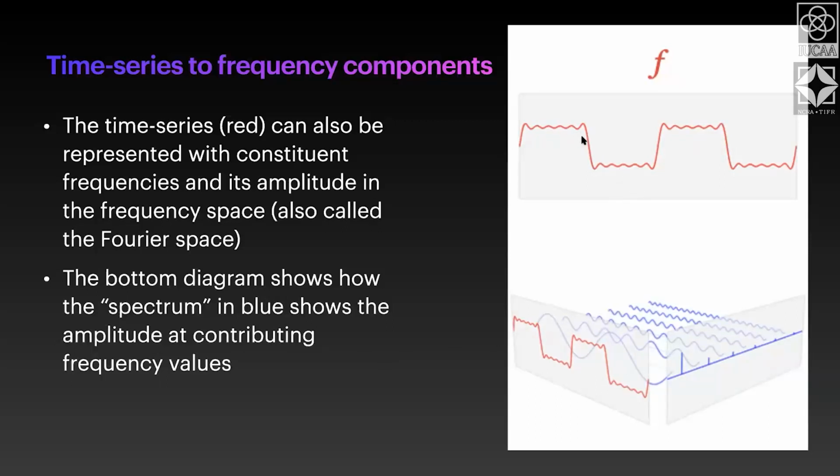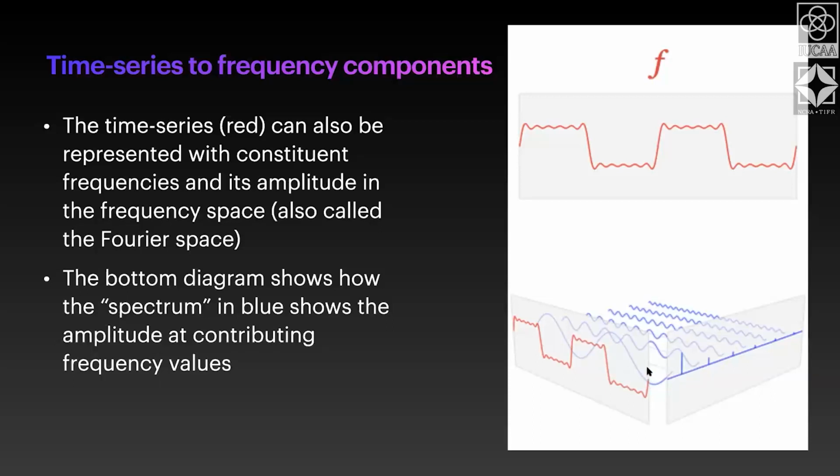In the top panel, you'll see that there is a repeating function. And in the bottom panel, you'll see a bunch of sine waves of different frequencies. These are discrete components, and what you can change is the amplitude of it, the frequency of it, and if you combine it appropriately, it will reproduce this function in time.